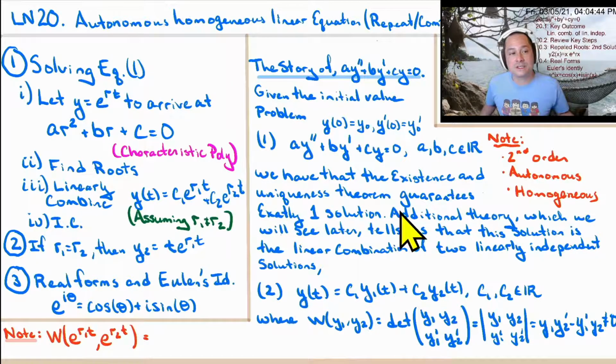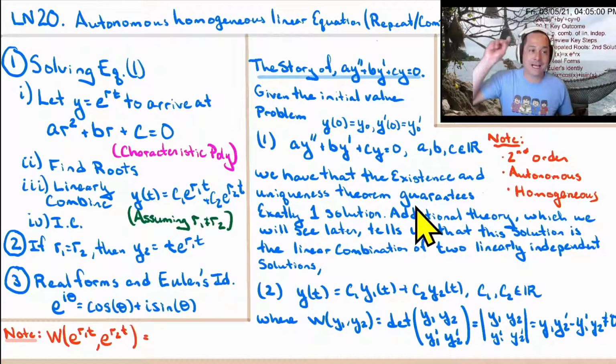Okay, so let's dispense with a little bit of theory. I can tell you the existence and uniqueness theorem here is fairly straightforward, but what do we need to know? We are guaranteed for our problems that we're pursuing right now and for most of the rest of the semester exactly one solution to the initial value problem. So getting into those theoretical underpinnings is not something that we have to do.